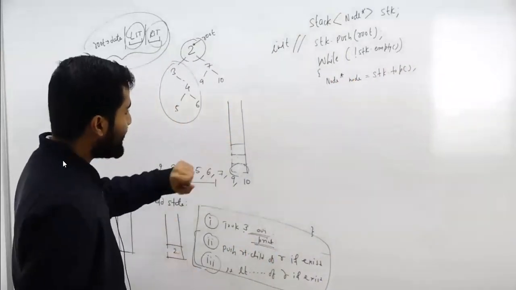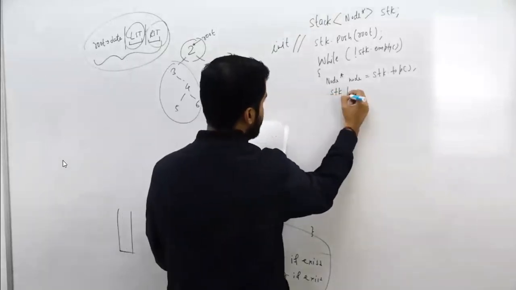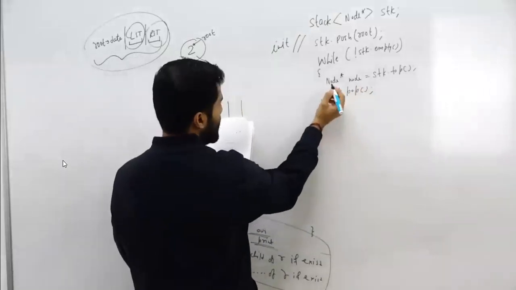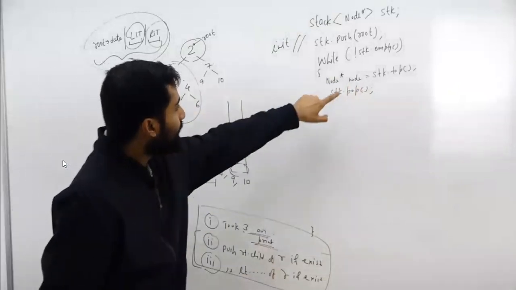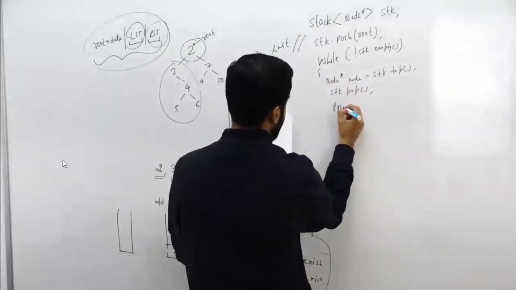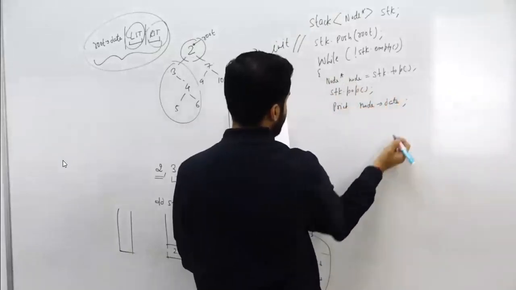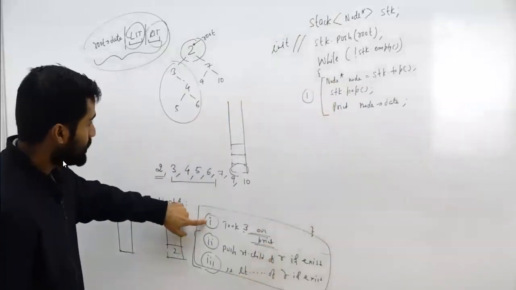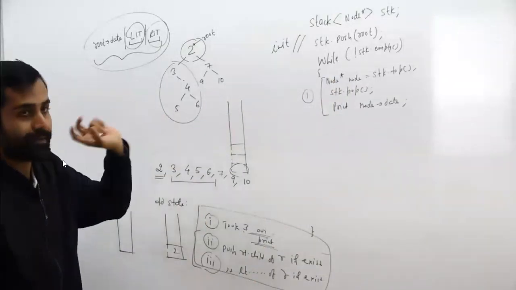After you have gotten access to it, you can remove it from the stack: if you do stack.pop, it will be removed. Now you can print the value present in this node, so you just print node data. This is your step 1, which is done. You have taken the top element out and you have printed it.